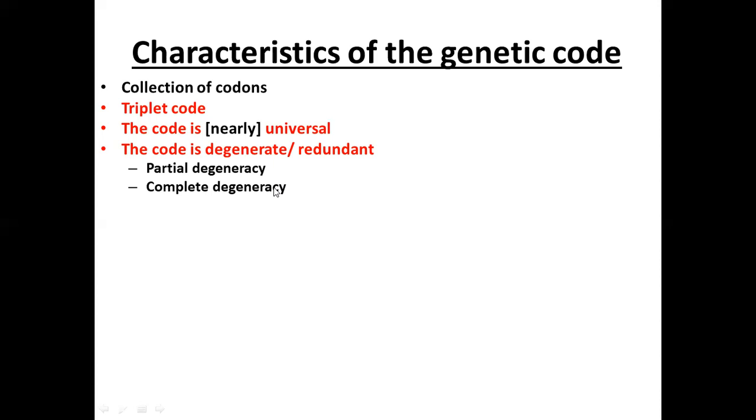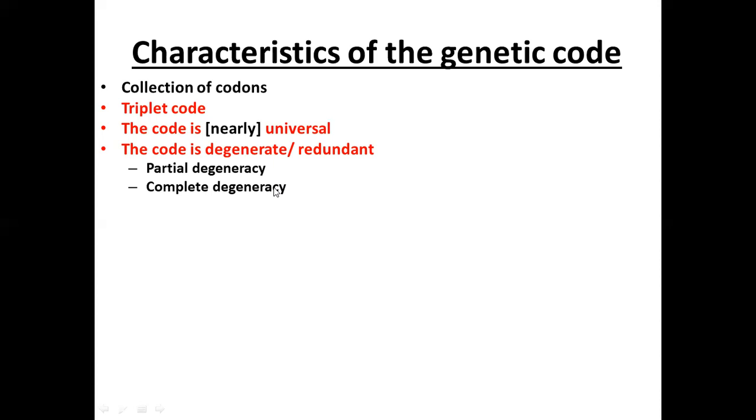For example, the amino acid serine can be coded by UCU, UCC, UCA, and UCG. All these code for the amino acid serine.